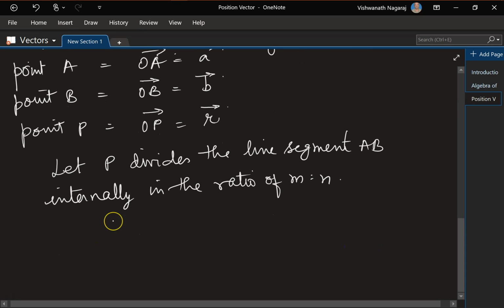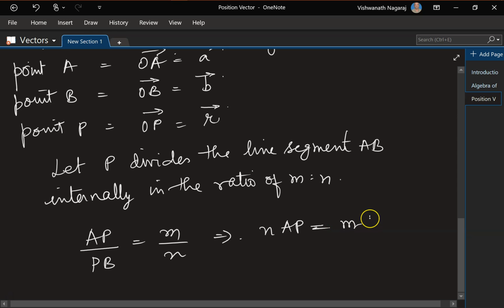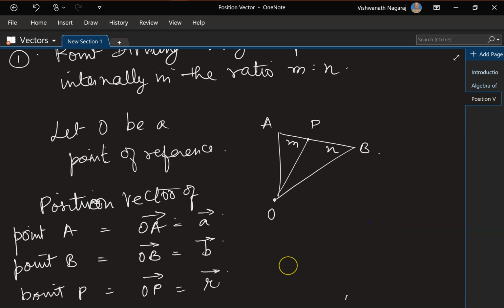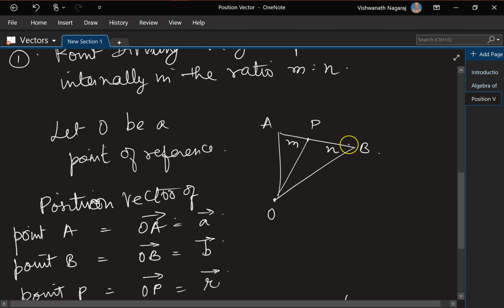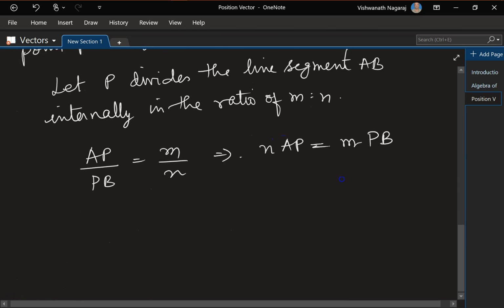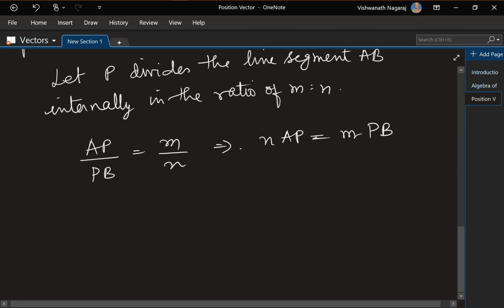Since it divides it in the ratio of m:n, it means AP by PB is equal to m/n, which implies nAP is equal to mPB. Either we look at AB or at BA, so either in this direction or the other direction, in either case it will be in one direction.